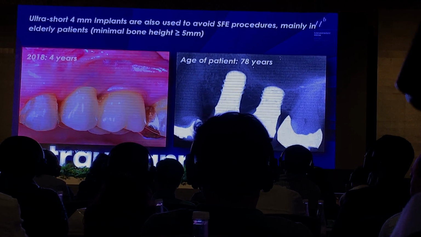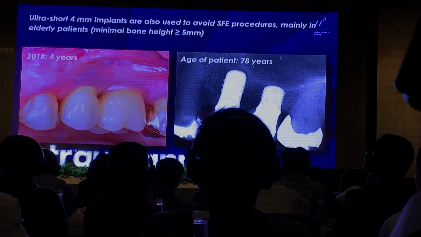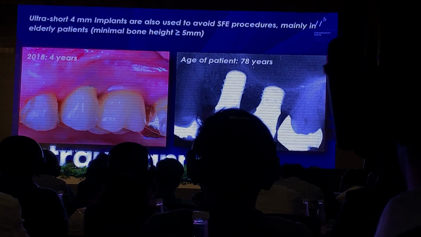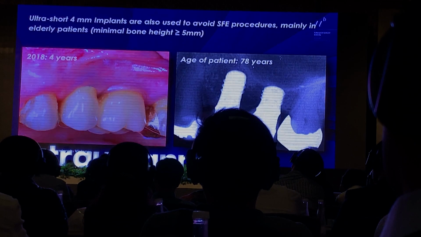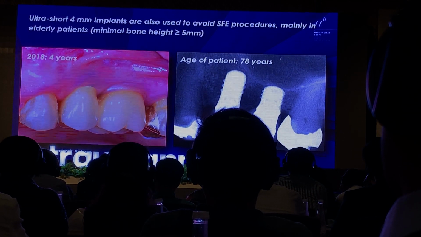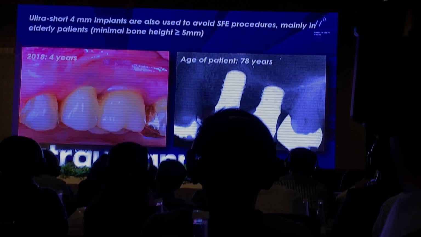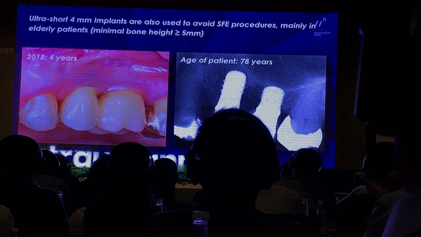We do less than 10 per year. I think I did 4 cases myself last year. So we have to see. I think when we have enough 5-year cases, we will do a retrospective analysis, always in splinted configurations. And I'm sure the implants are doing quite okay. Now, often these are elderly patients.